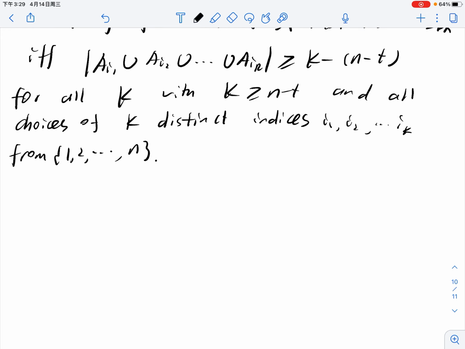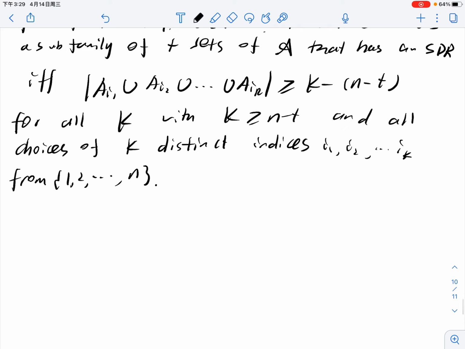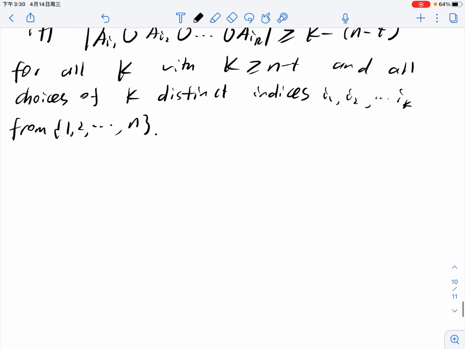So roughly speaking, this theorem just transforms the existence of such a nonlinear object as an SDR to a numerical criterion. You only need to test the cardinality of the unions of certain subsets in this family, and apply it in our case.